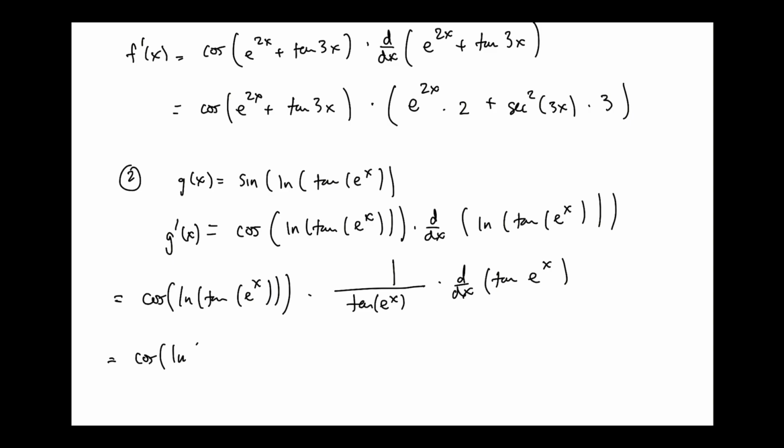Most of the work here is actually just copying things down. All right, what's the derivative of tangent of some stuff? Secant squared of the stuff times the derivative of the stuff.